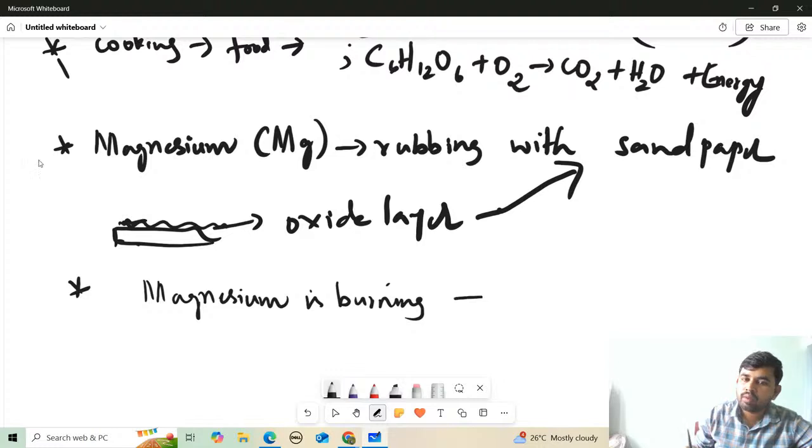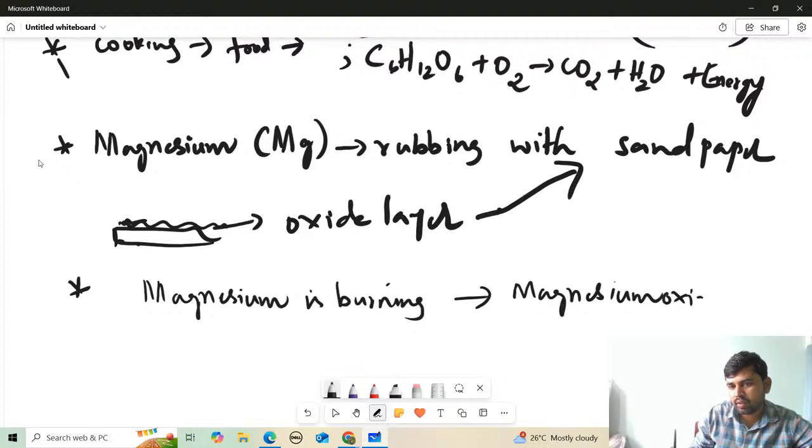Remember, burning means what do we get, sir? After burning, we get magnesium oxide, in the form of ash.